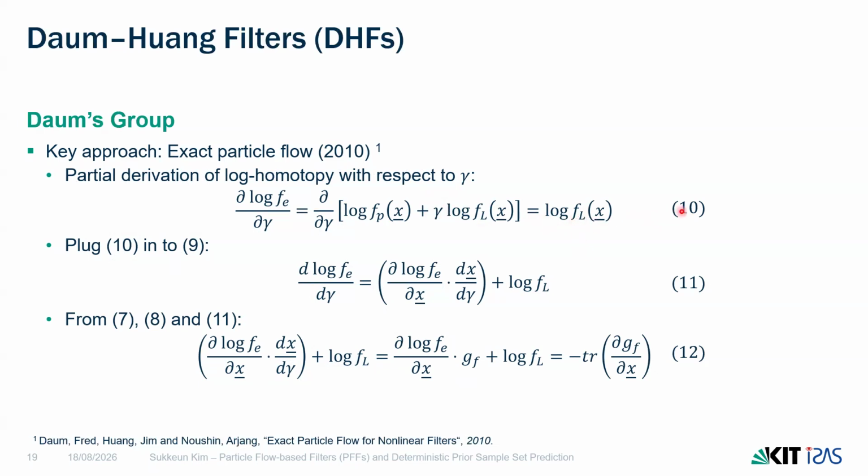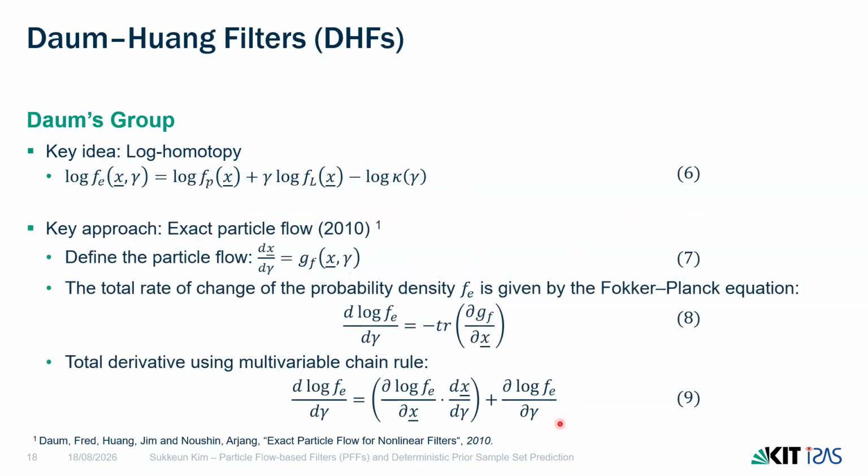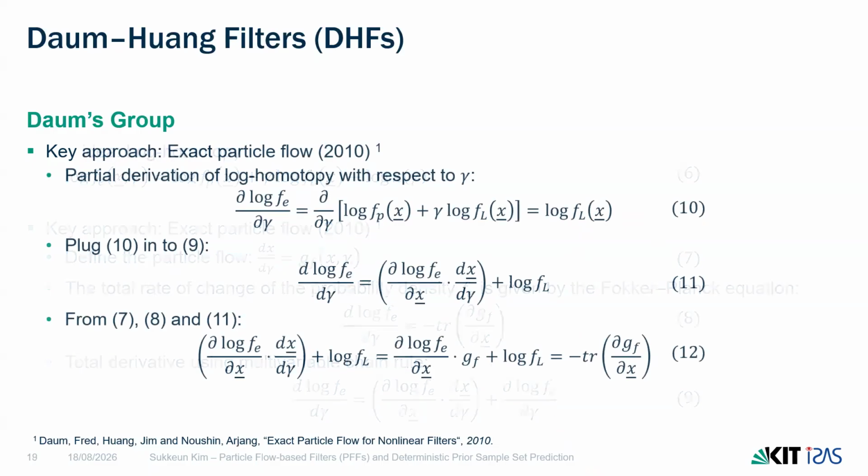Then we substitute equation 10 into the previous one. Here you see the partial derivative of log posterior, which we can simply substitute with the log likelihood. Then, using the definition of the particle flow g f, we substitute this one to g f.